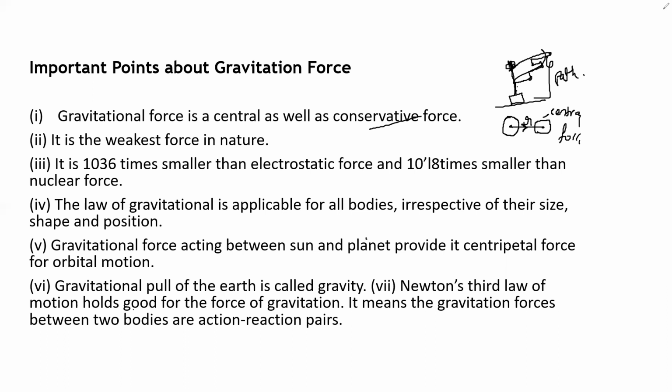It is not 10 raised to this, it is here, in the power. So this quantity is in the power 36. So it is 10 raised to 36 times smaller than electrostatic force and 10 raised to 18 times smaller than the nuclear force.